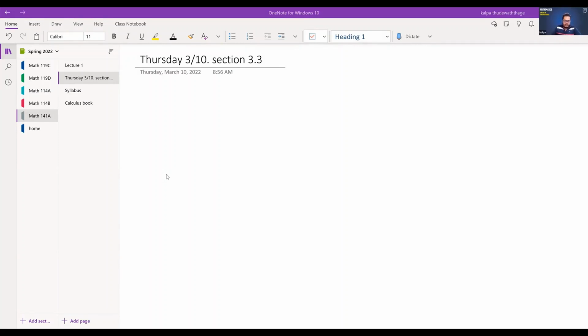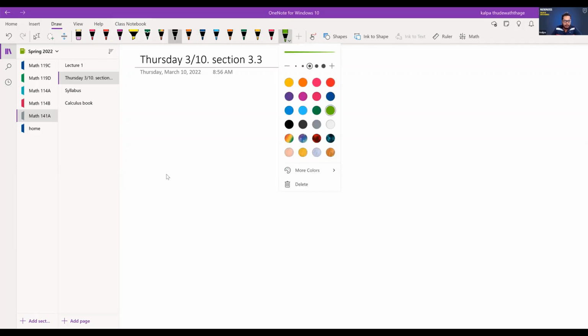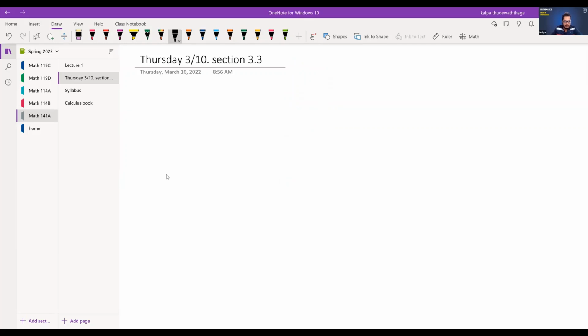I'm going to remind you what we did last time, just yesterday. Mainly we discussed how we can write the derivative of a function. This is the definition of the derivative.